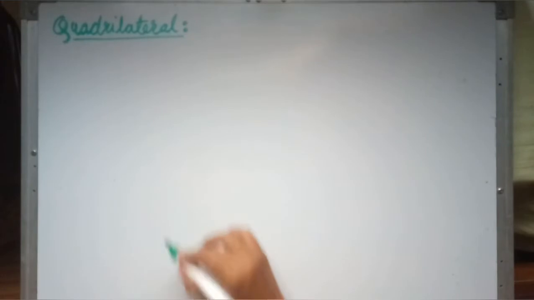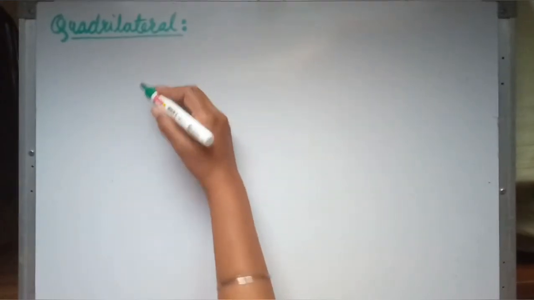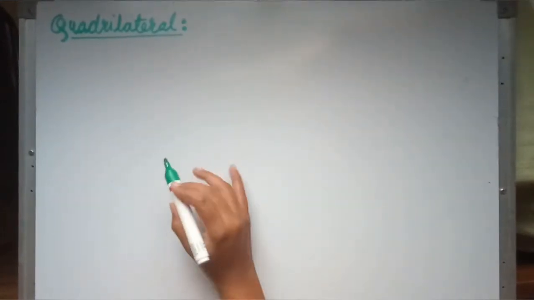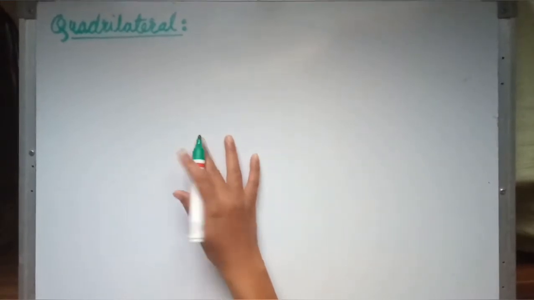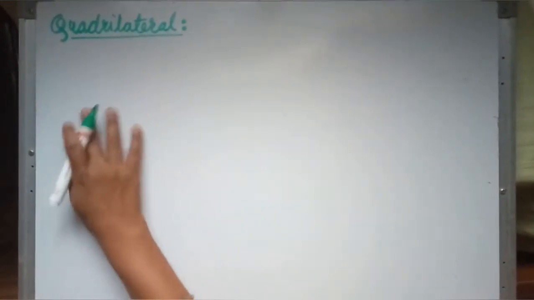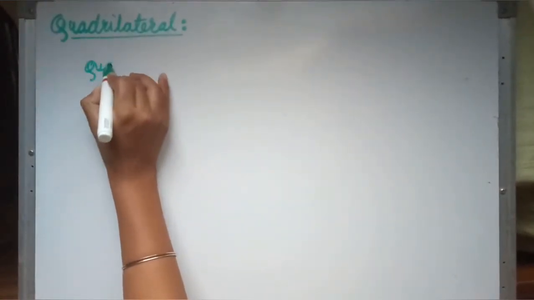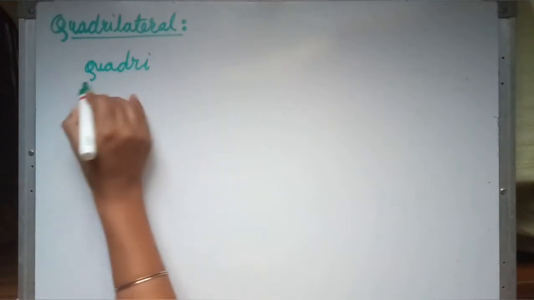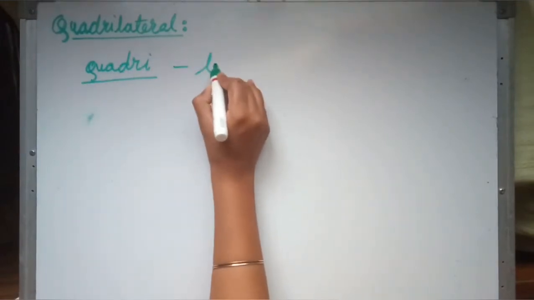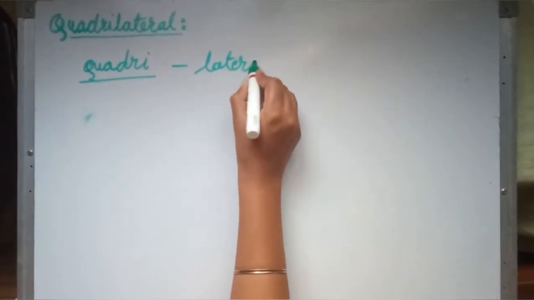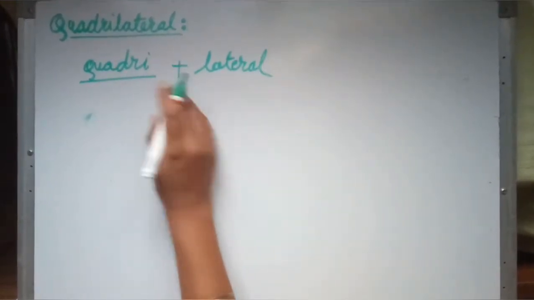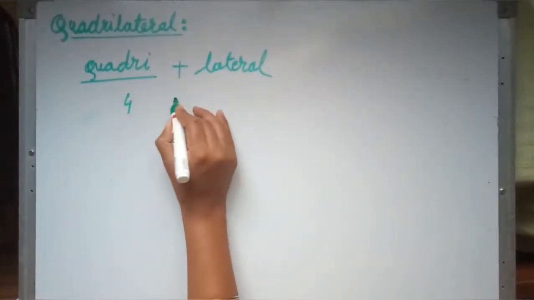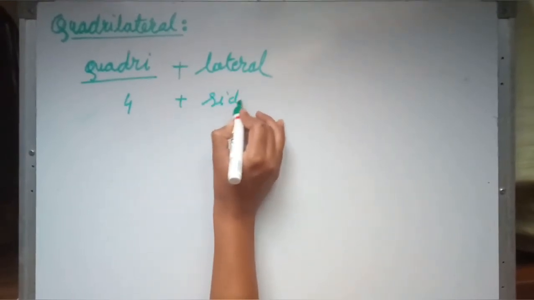A quadrilateral is a closed figure formed by four line segments. As we have discussed, a triangle has three sides, and for quadrilateral, quadri plus lateral: quadri means four and lateral means sides.